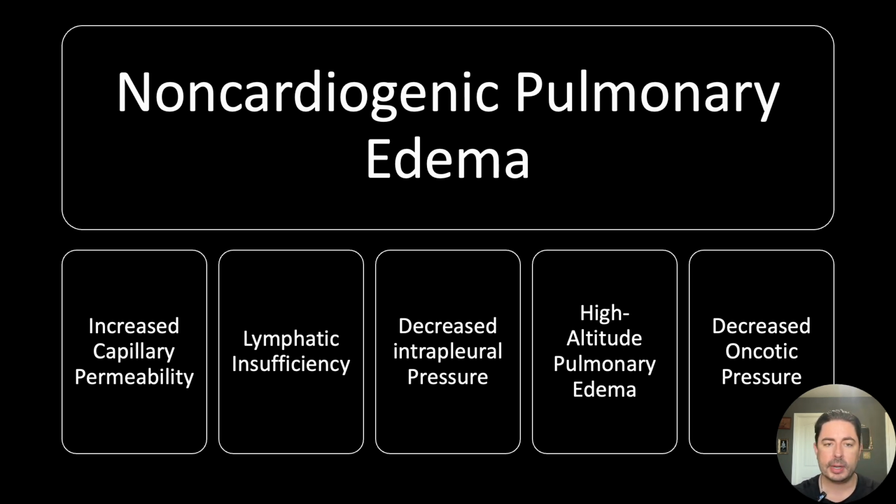High altitude pulmonary edema, this is typically with altitudes of 8 to 10,000 feet. We see this when people are trying to exercise or ski or hike at high altitudes that they're not acclimated to.